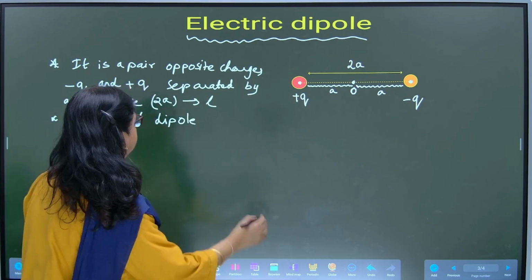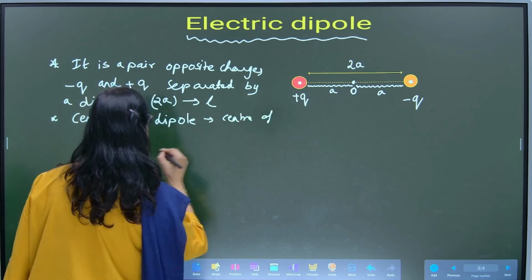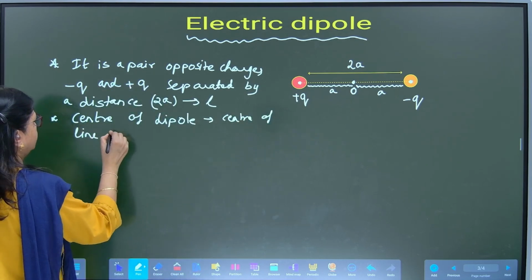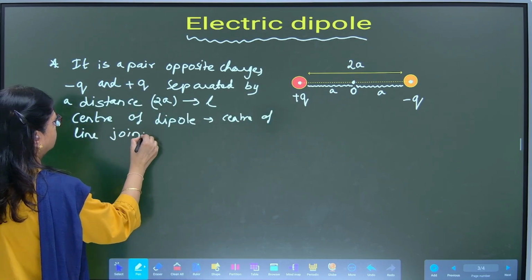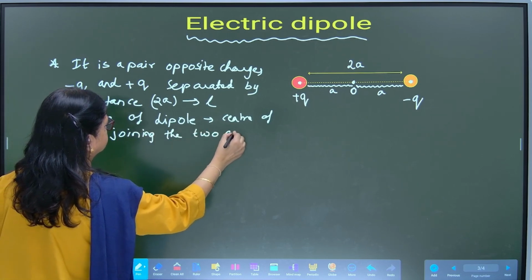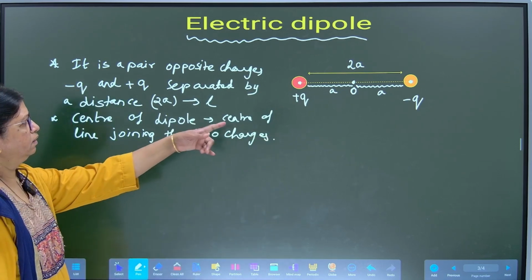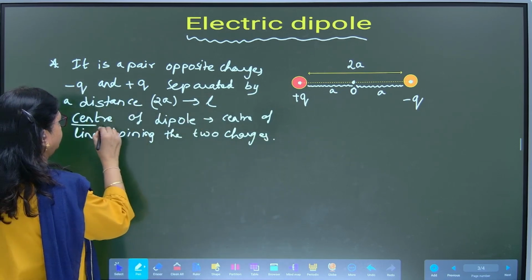What is it? It is the center of the line joining the two charges. Okay, that is the center of the dipole.